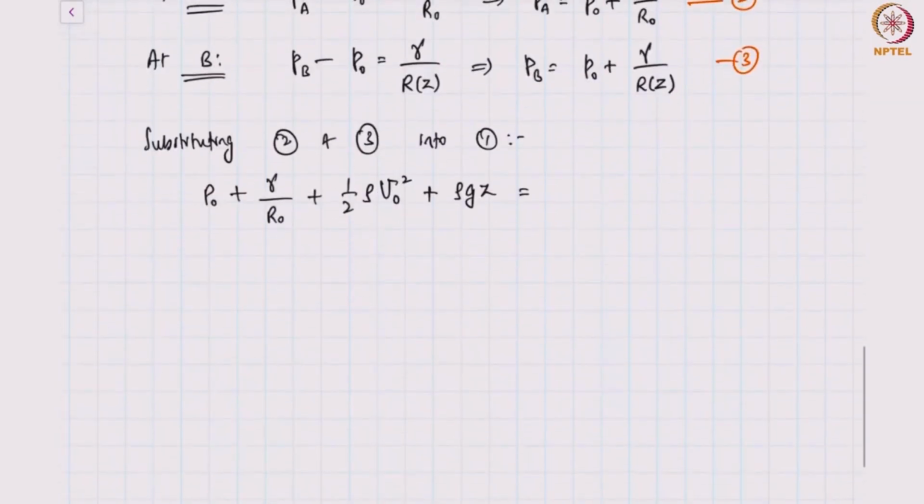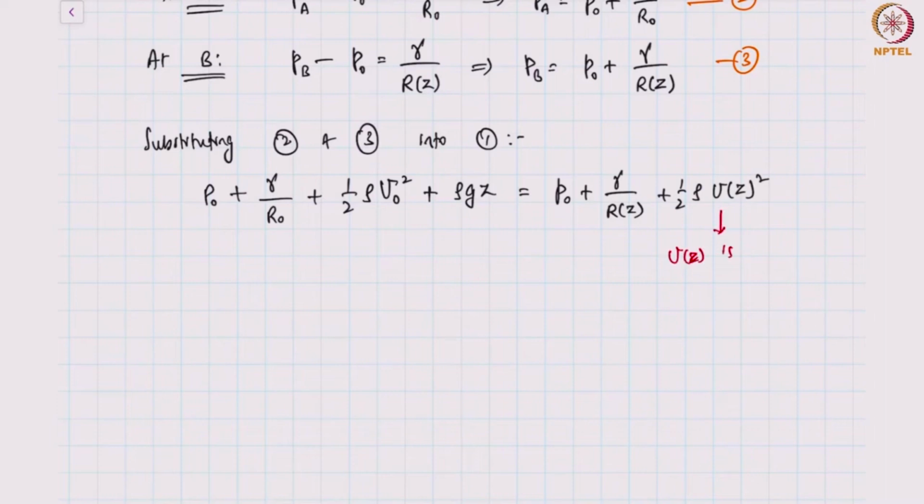will be equal to P naught plus gamma by R of Z plus half rho U of Z whole square. I do not know the velocity at B. So U of Z is the unknown velocity at B, right?